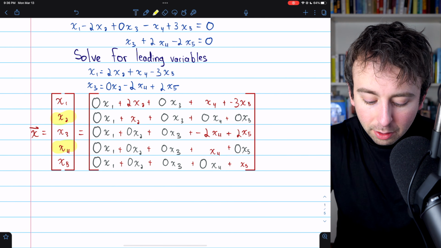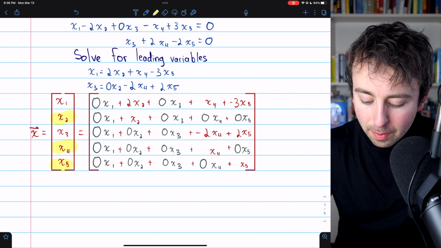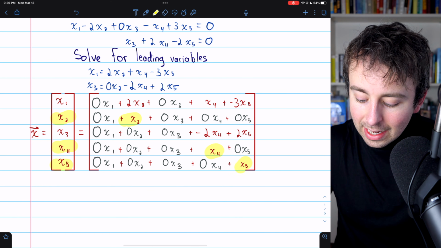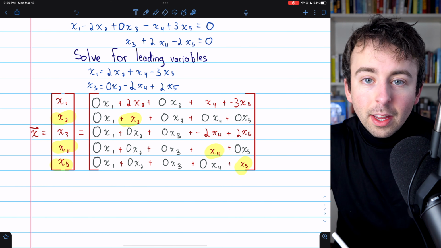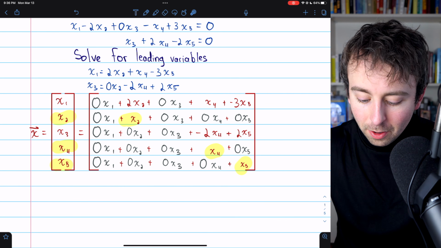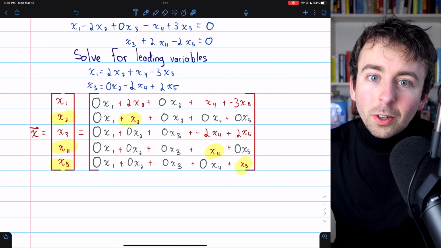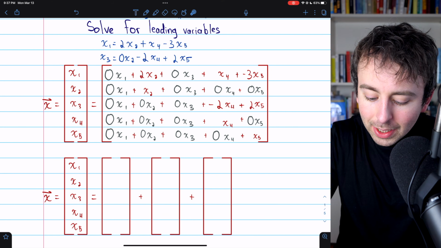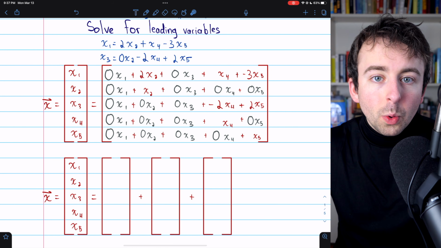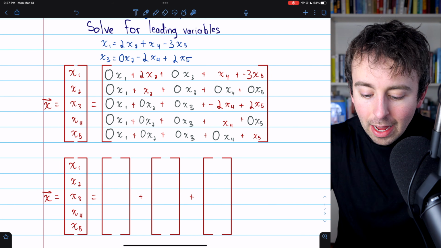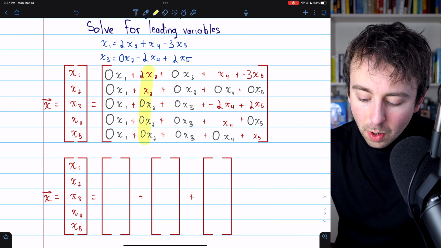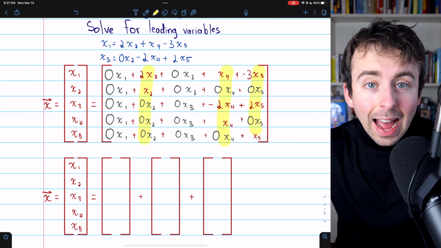Since x2, x4, and x5 are free variables, we see how they just appear as x2, x4, and x5 in this matrix, or column vector, since it is technically just a single column, even though it looks like it's many columns. All right, now let's split this column vector up into a sum of 3 columns, focusing on the important parts, which are the free variables, x2, x4, and x5.